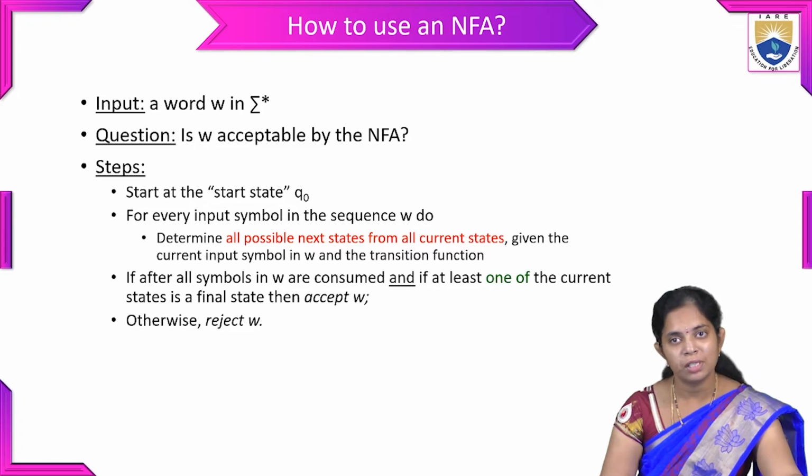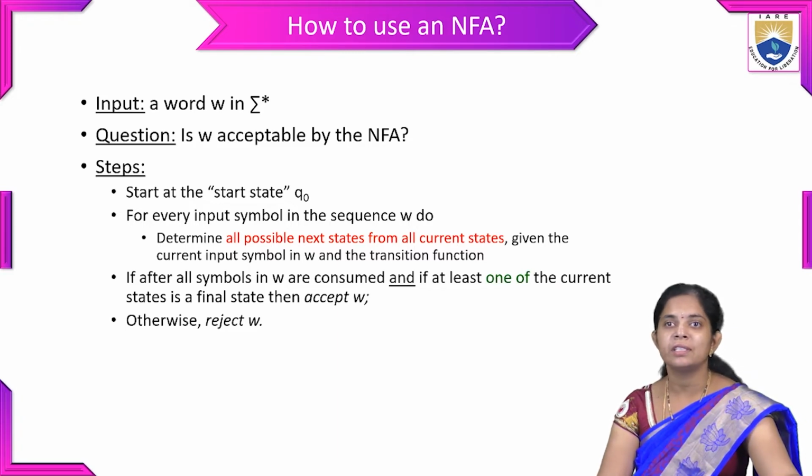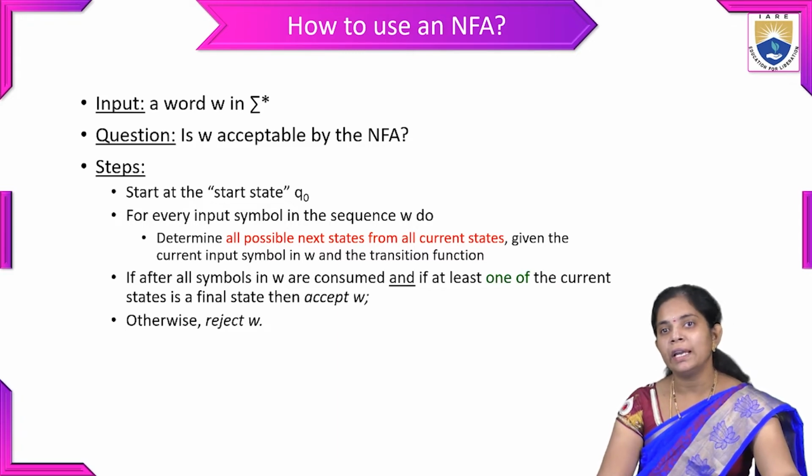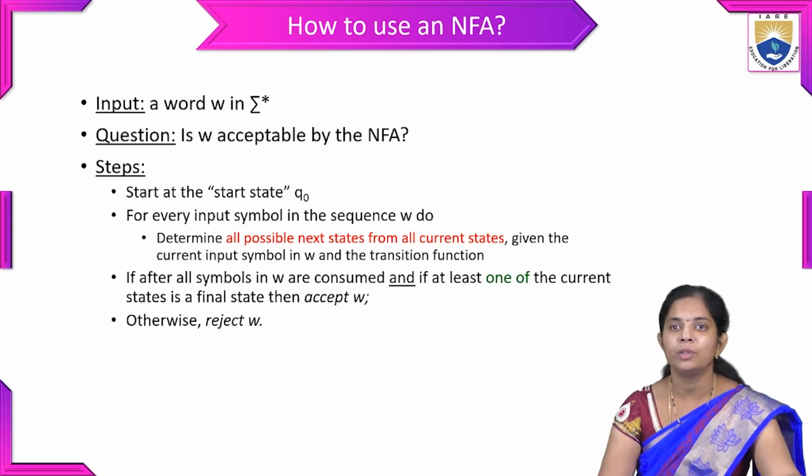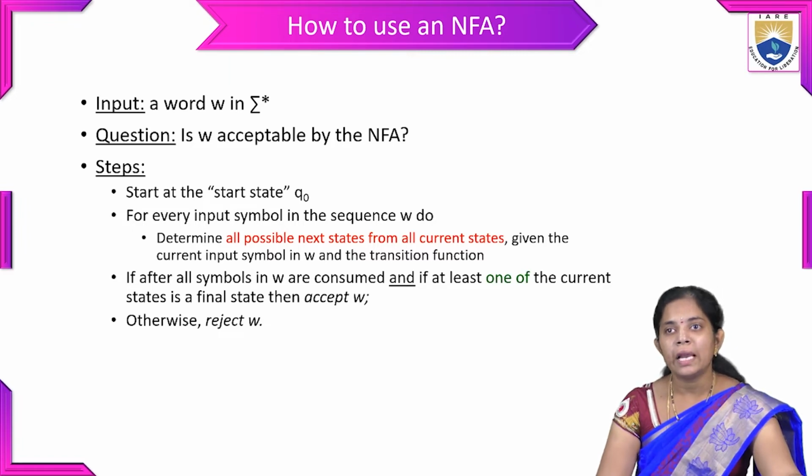So what are the steps involved? First, as usual in DFA, we start with Q naught, the starting state. Next, for every input symbol in the sequence W, we have to write all the possible states one by one.